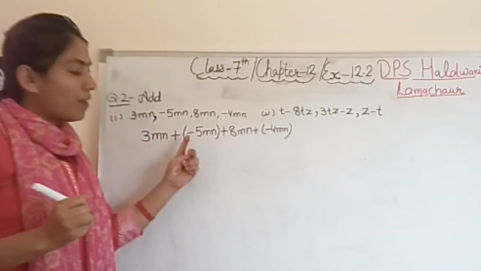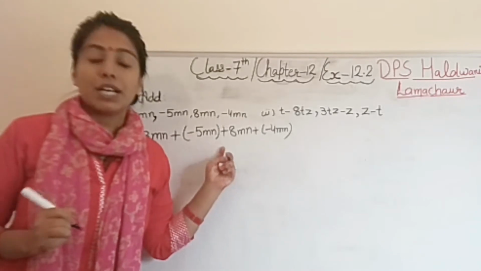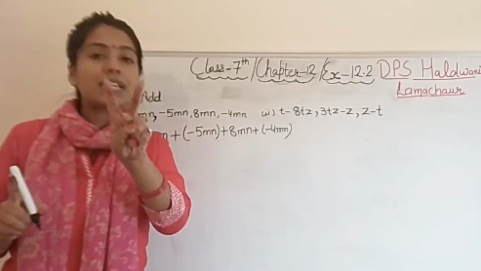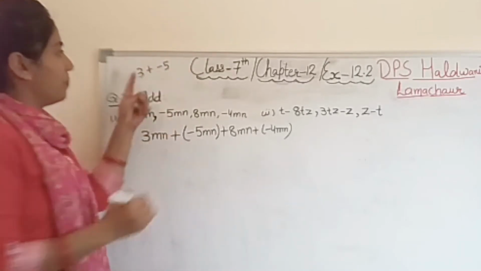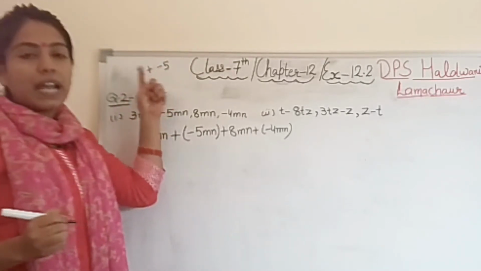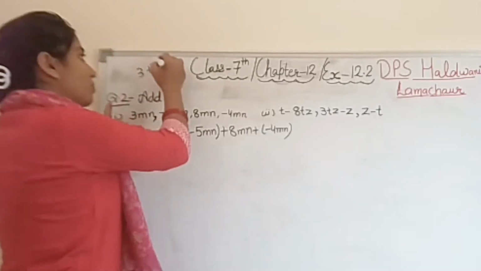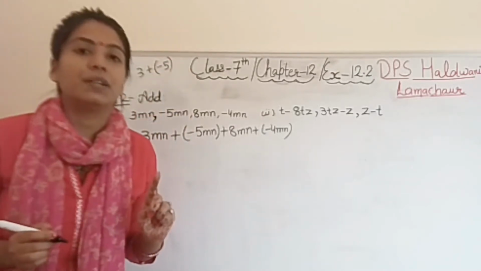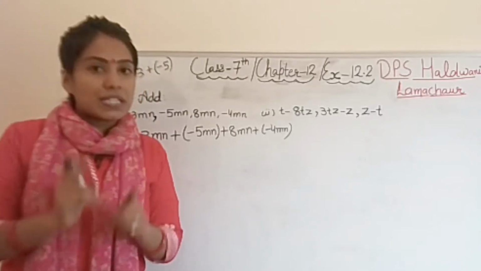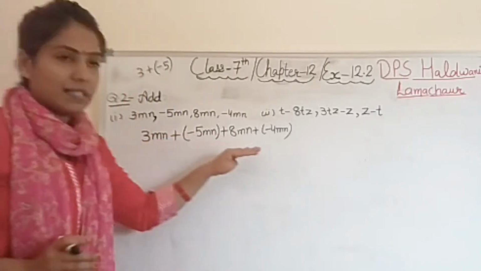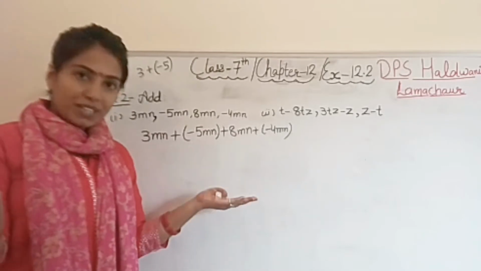Now you will see why we have kept this in the bracket. Student, whenever two signs come together, like 3 plus minus 5, two signs will not come together. Always we have to keep one sign in the bracket. Subtraction one, always we have to keep in the bracket, right? So this is also a rule. Now we have to open the bracket.